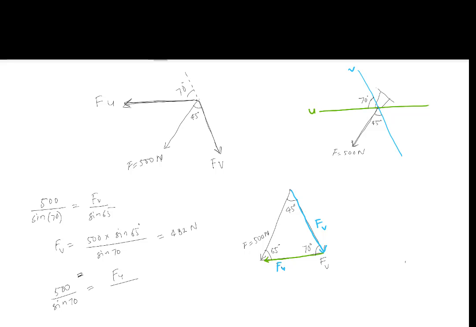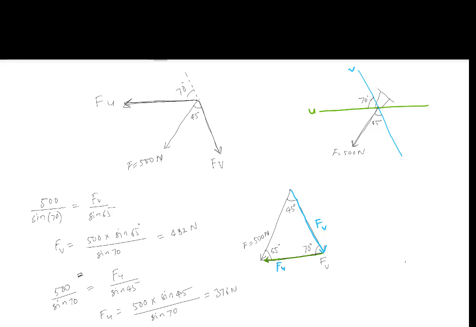Similarly, to find Fu, we use the known quantity: 500 divided by sine 70 is equal to Fu divided by the sine of the angle opposite to Fu, which is sine 45. Then Fu is equal to 500 times sine 45 divided by sine 70, and this comes to 376 Newton.